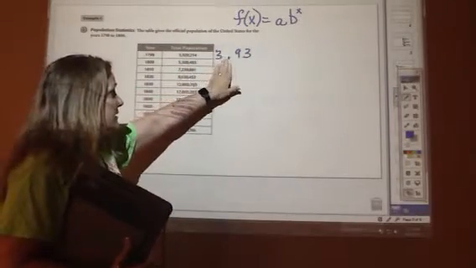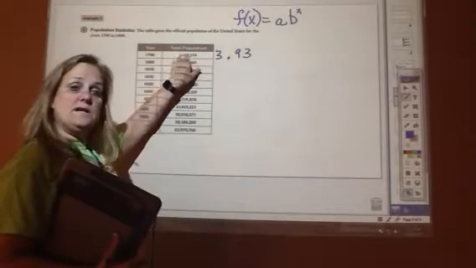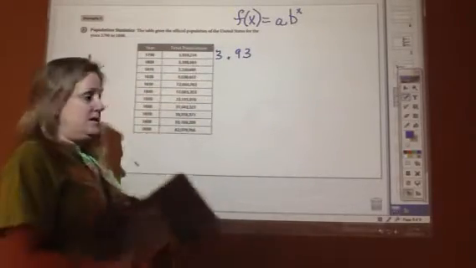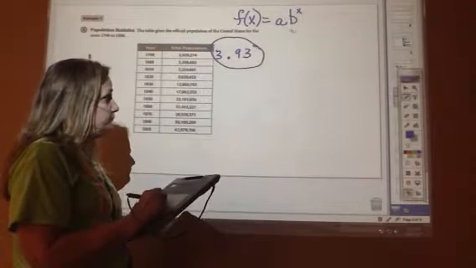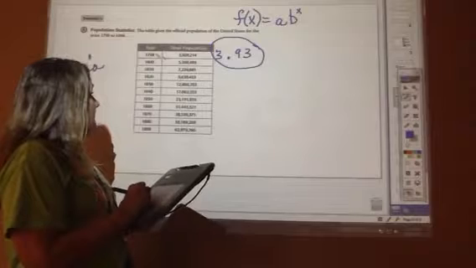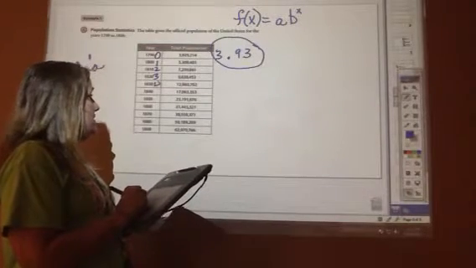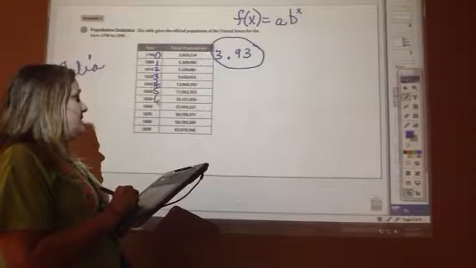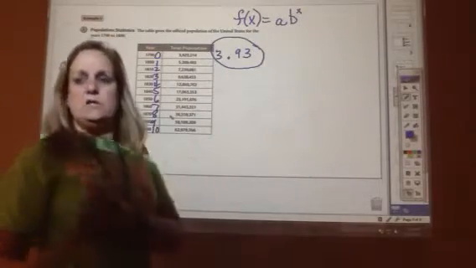So we're going to call that 3.93. Since that's our starting number, that is our a. This will be our 0, 1, 2, 3, 4, 5, 6, 7, 8, 9, 10. So we're looking at 10 years.